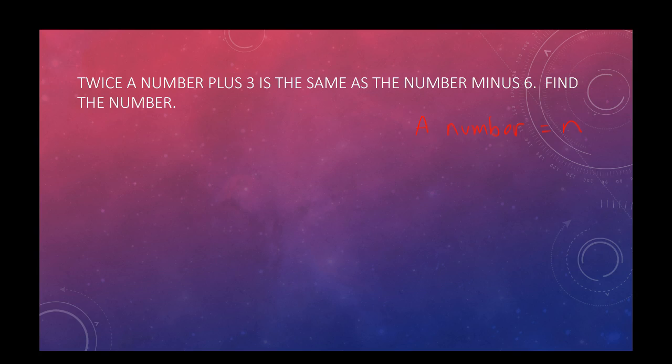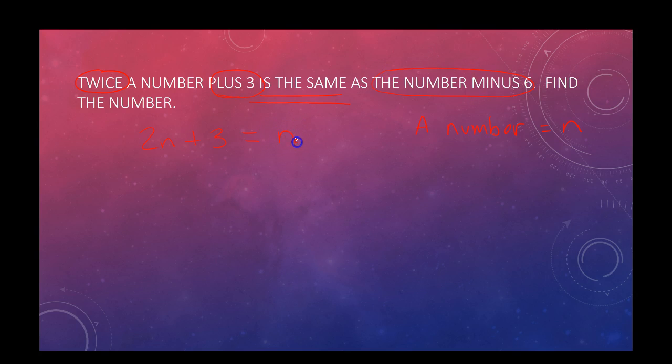So twice a number, twice means you double something, you multiply it by 2. So 2 times a number, that's 2n. Then it says plus 3, so add 3, is the same as, those are clue words for an equal sign, the number minus 6.